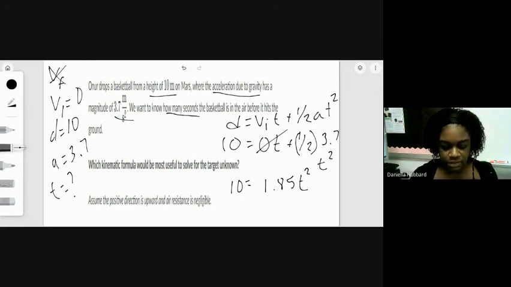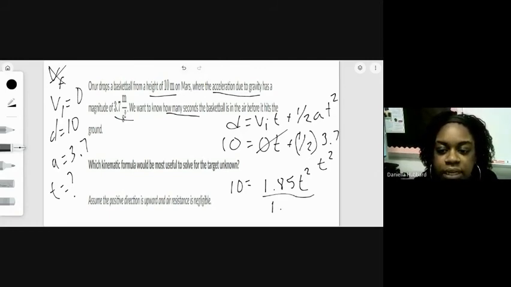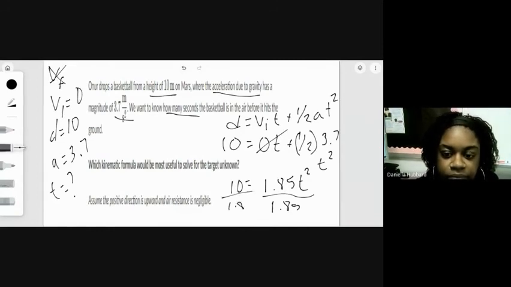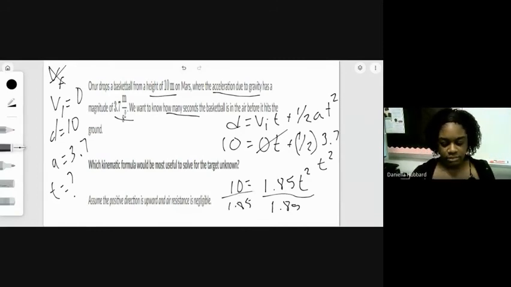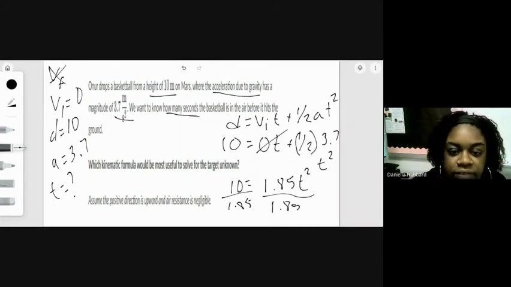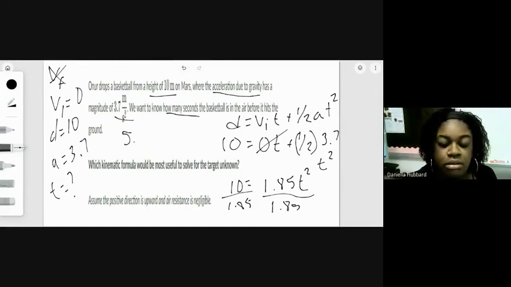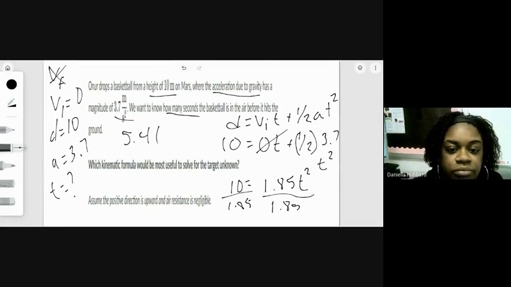So even though we have this T squared and we need to solve for T, we're still multiplying T squared times 1.85. In order to get rid of the 1.85, we have to do the opposite operation, which is division. And that's going to be 10 divided by 1.85, which gives us 5.41, and that's equal to T squared.